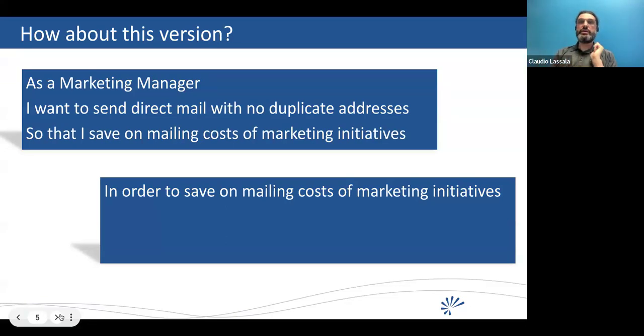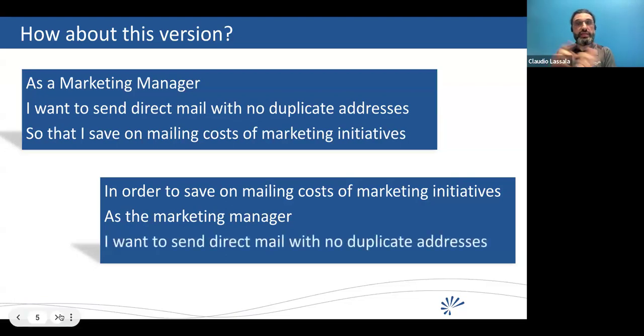Oh, great. To whom is that important? Marketing managers. Because for other different people or roles or personas, they may have different motivations, different interests behind this kind of feature. Here we're focusing on marketing manager, and then we say, I want to send direct mail, and so on, right?